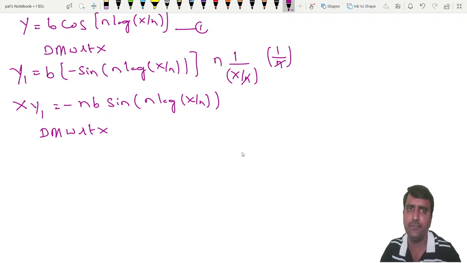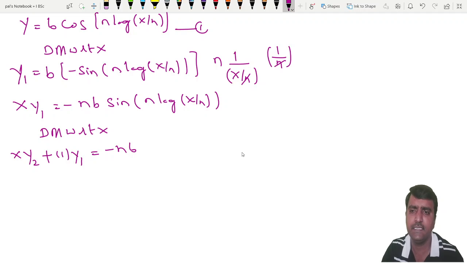Use the product rule to differentiate x y1: x into the differentiation of y1 is y2, plus the differentiation of x, which is 1, into y1 as it is, equal to minus n b, a constant, times the differentiation of sine, which is cos of n log of x by n.